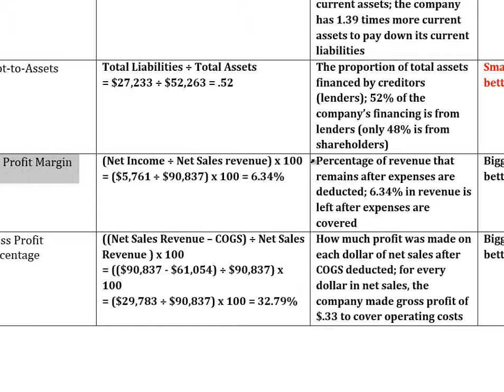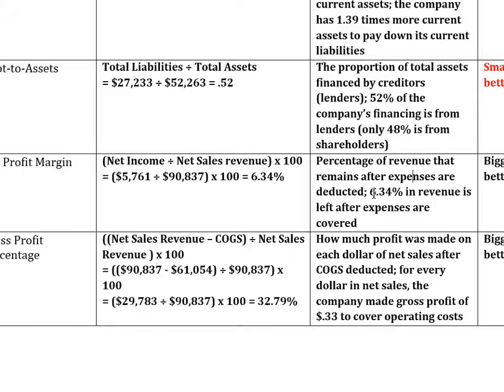It tells us the percentage of revenue that remains after we pay off all of our expenses, or after we deduct expenses. Obviously, we want more of our revenue to remain with us after we cover our expenses, right?